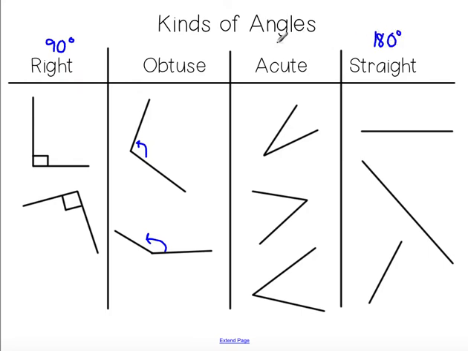Acute was less than 90 degrees. And obtuse is more than 90 degrees and less than 180. All good things to remember.